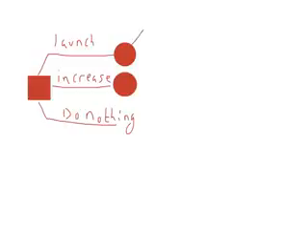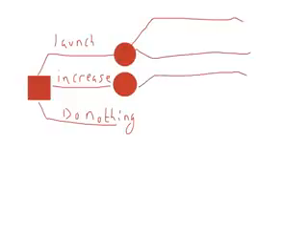So remember, these come off the circle, as such. And we don't need any for the bottom one because there won't be any outcomes from doing nothing.